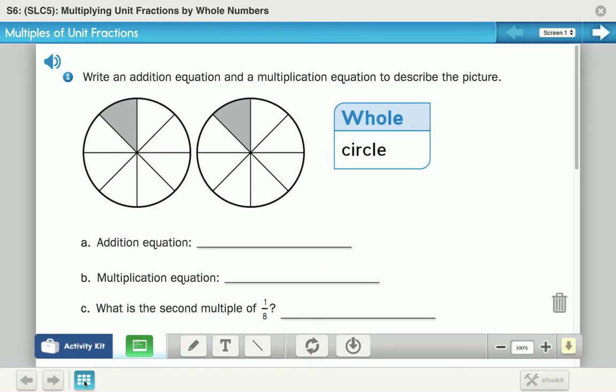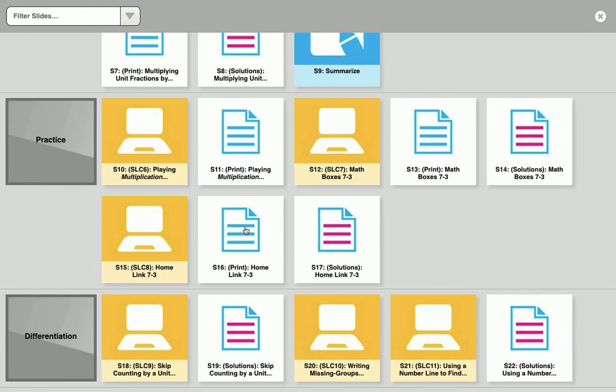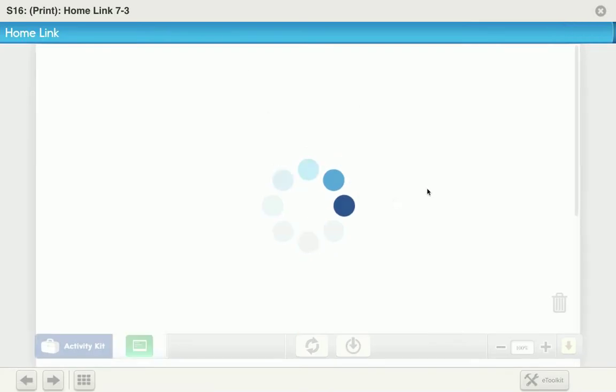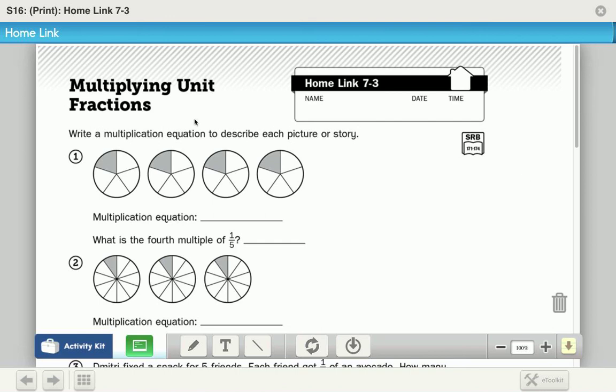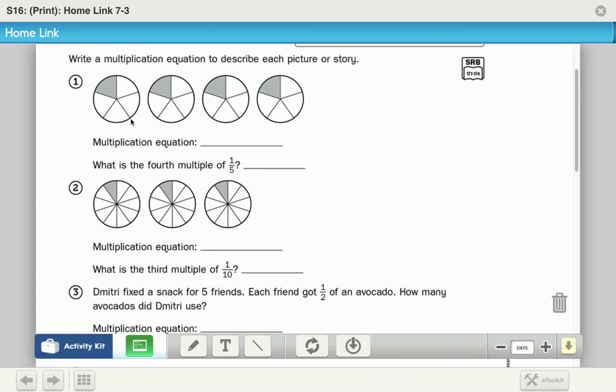Okay, we're going to take a look at the home link, and I'm not going to have you do the whole home link, but if you want to, you can. I'm just going to go over some of it. So number 1, you're supposed to write a multiplication equation to show what the picture shows. So first of all, we have to figure out how many groups there are. Well, there's 1, 2, 3, 4 groups.